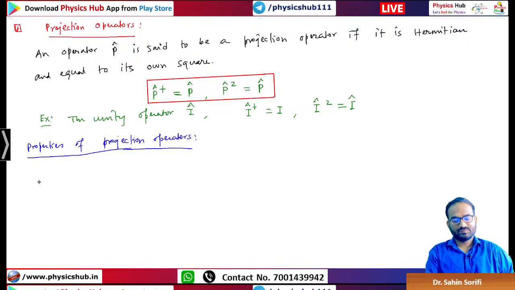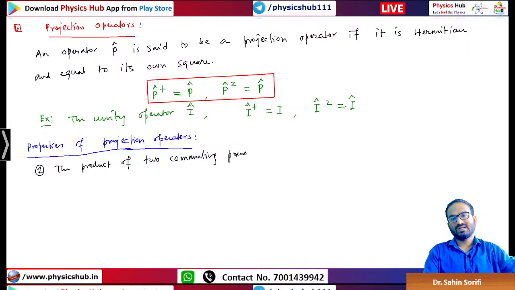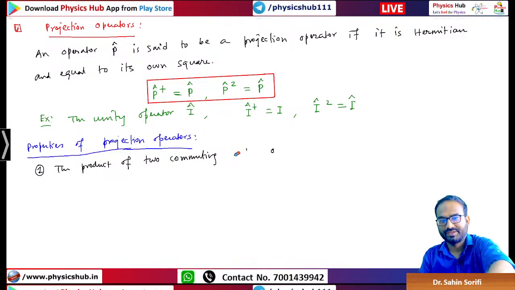So what does the first property say? The first property: the product of two commuting projection operators. Do you understand the term commuting? What do you mean by commuting?